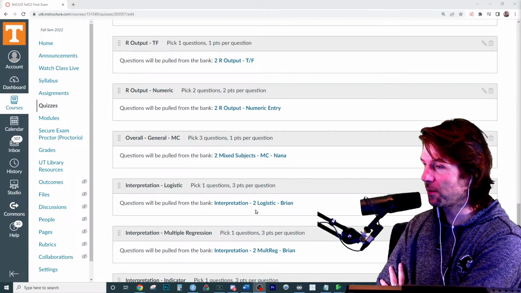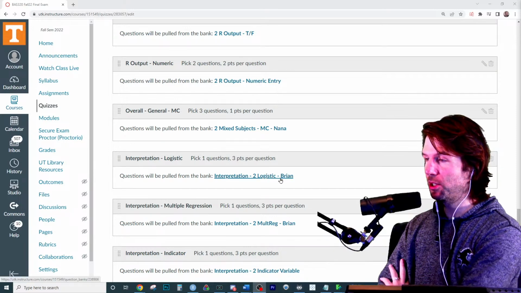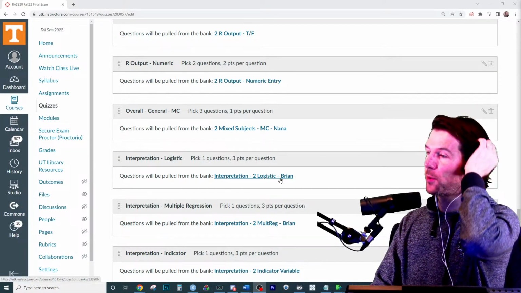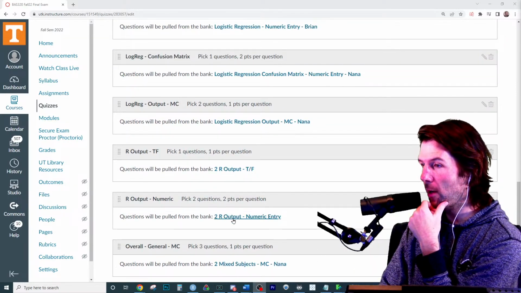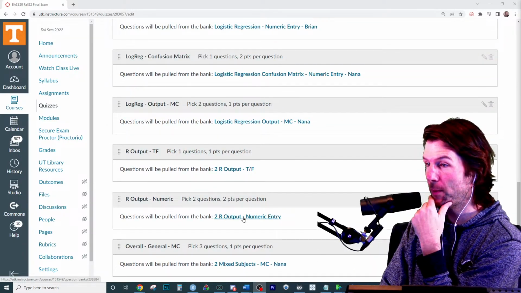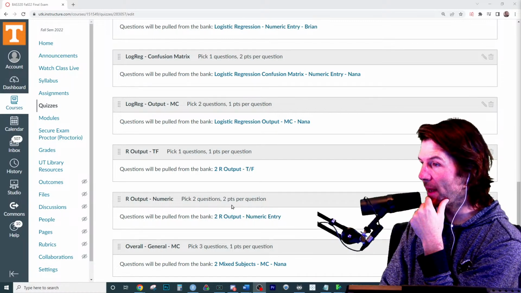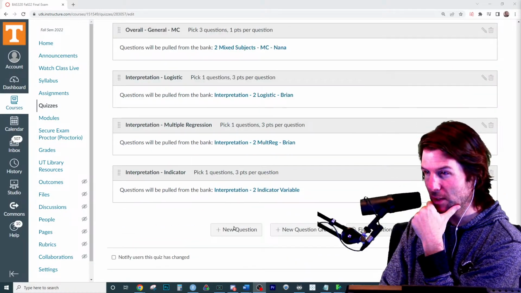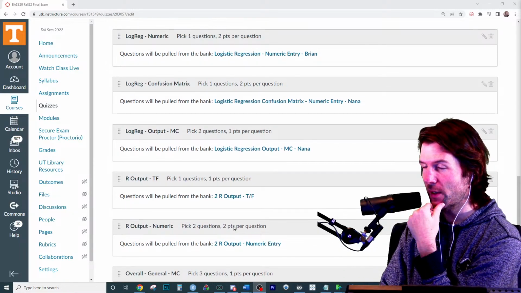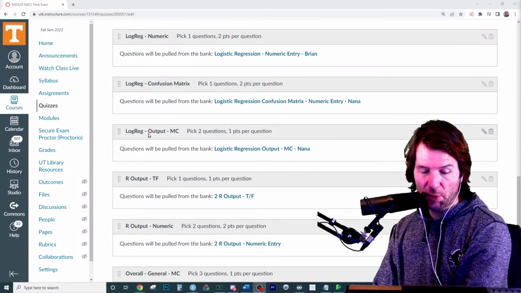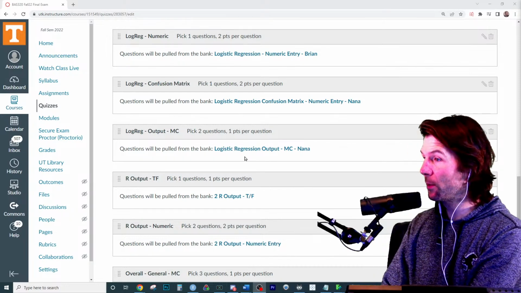Interpretation of logistic, so you have to know how to interpret a logistic model. We've done a lot of that. There's the mixed bag, R output. You have to know how to read R output. 4 points from that. And there's, I think, 46 to 48 points on the test. Make sure stuff wasn't on here that we didn't cover. Logistic regression output, so once again, output.